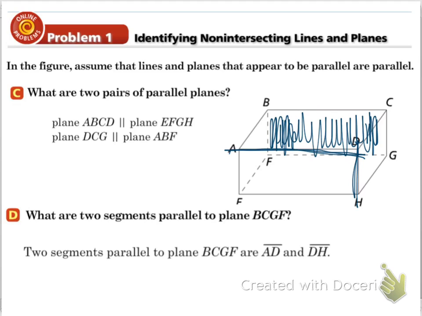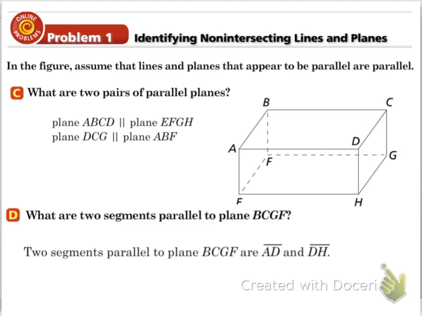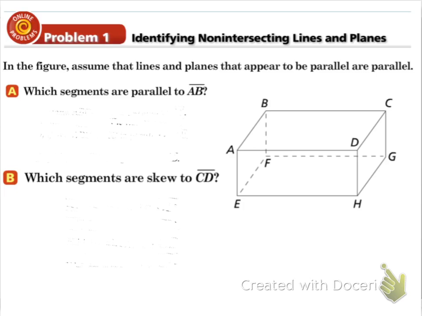Okay, so I want you to picture that AD is parallel to the part of the plane of BC, and DH is parallel to the part of the plane of CG. Okay, and so even though it's asking for the segments that are parallel to the plane, you look at parts of the edge of the plane that you could see.